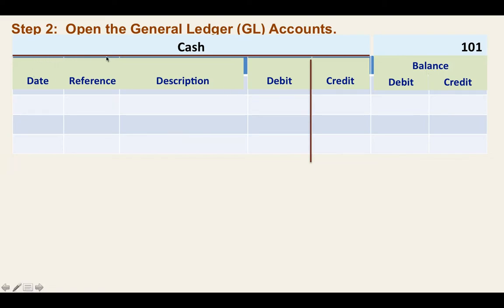Please take note of this line and this line. If you take a close look, it looks like a letter T. For illustration purposes, we will use the letter T to represent the general ledger. The letter T, or T account, is a simple representation of the general ledger.